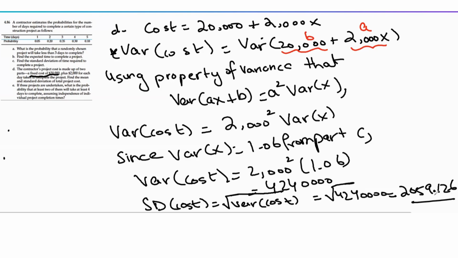So now the last part is where three projects are undertaken. If three projects are undertaken, what is the probability that at least two of them will take at least 4 days to complete, assuming independence of individual projects' completion times?